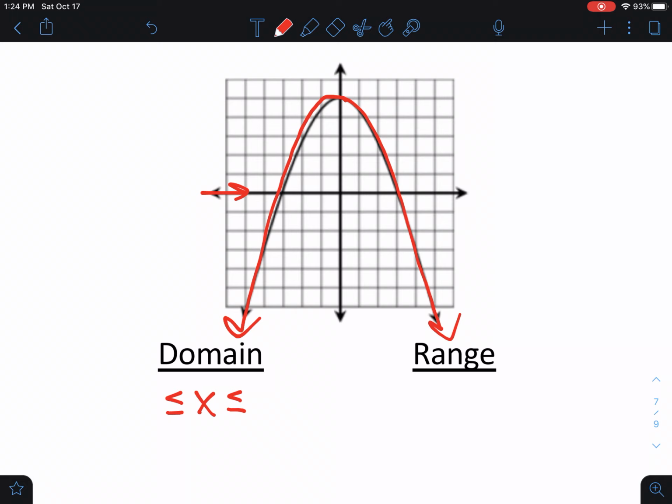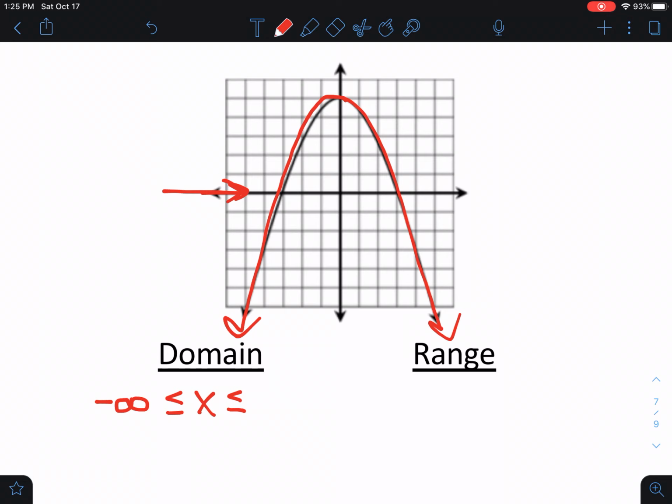So when we're coming up here along our x-axis, where do we bump into the graph? Well, we start way over to the left as far as it will go, which would be negative infinity, meaning it just keeps going forever to the left.